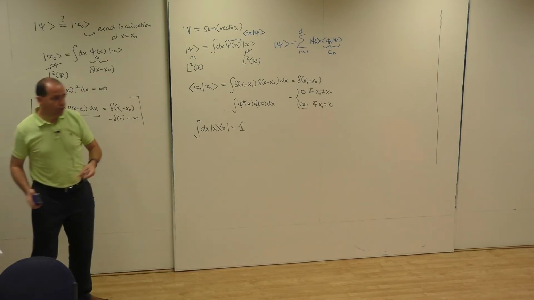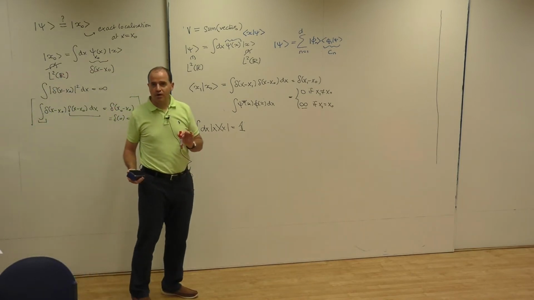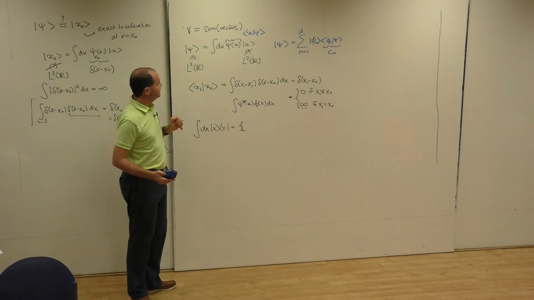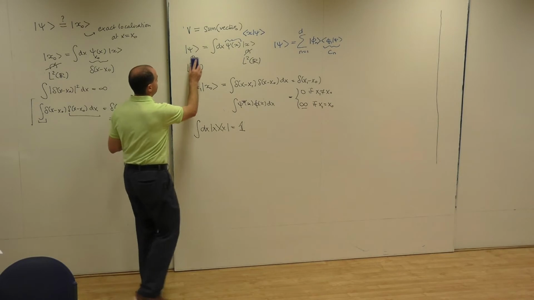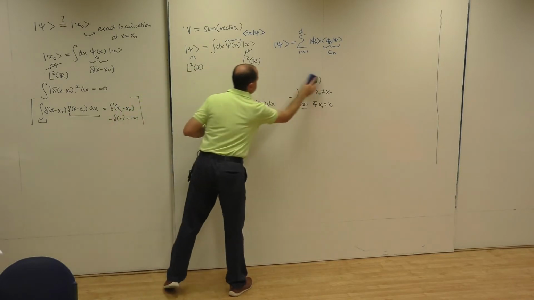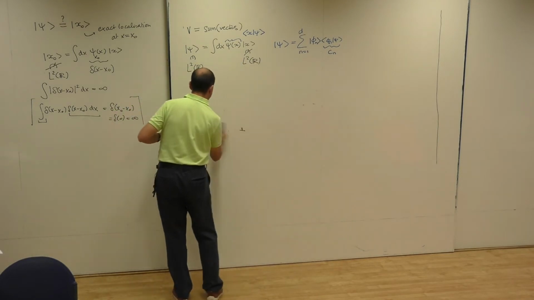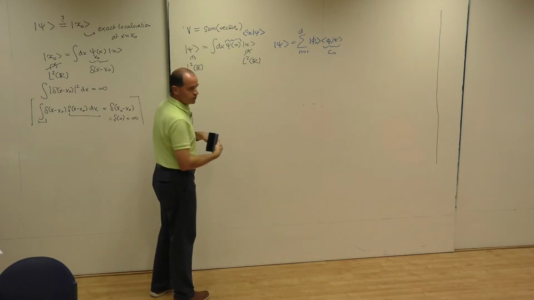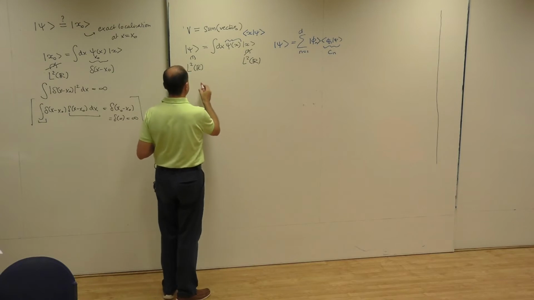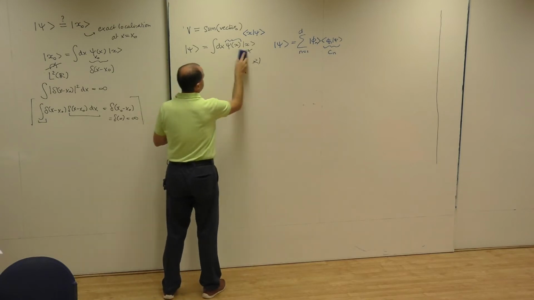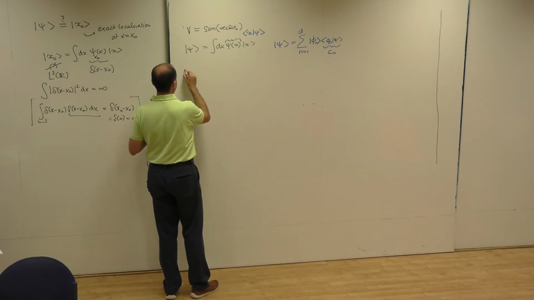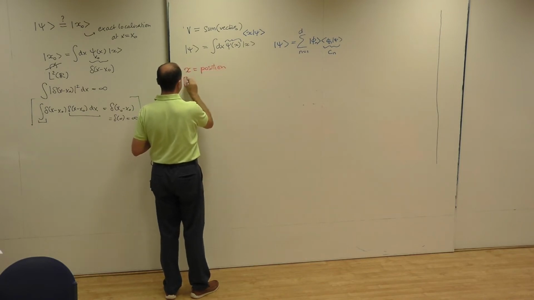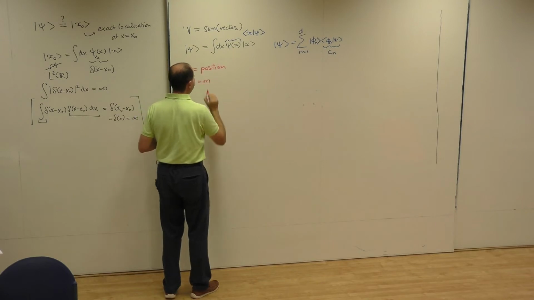I need to make two remarks now. One is in the lecture notes, the other one is also in the lecture notes, but much later. So the first remark I have to make is about units. Let me check something about units. If x is position, its units is meters.